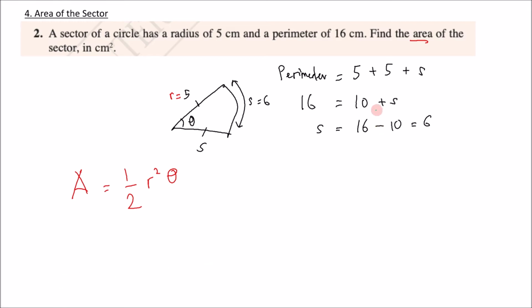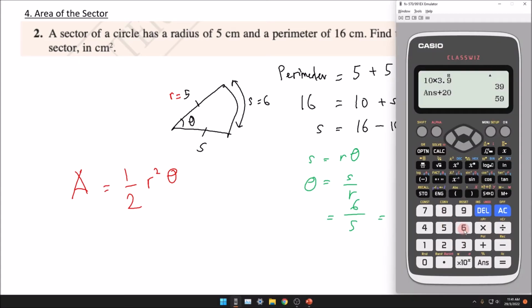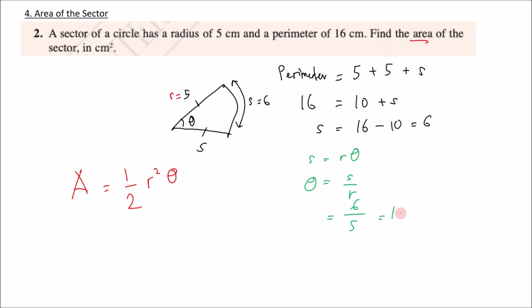We can use the arc formula, which is S is equal to r theta. So theta is equal to S divided by r. S is 6, r is 5. So we can just key in the calculator and we get 1.2 radian.